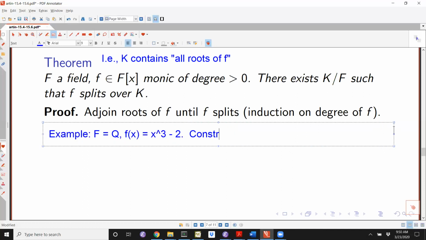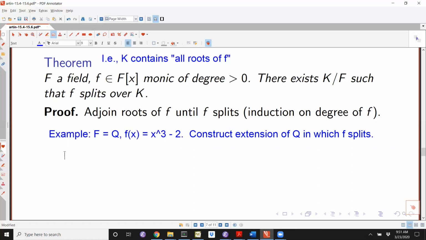I want to construct a field extension of Q in which f splits. So somebody want to tell me in the chat box, what's one root of f? Cube root of 2, very good. Thank you, Trent.